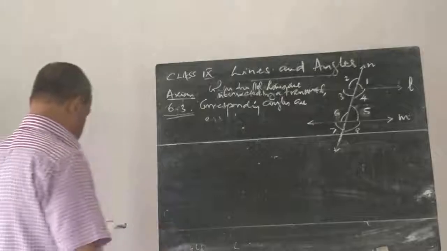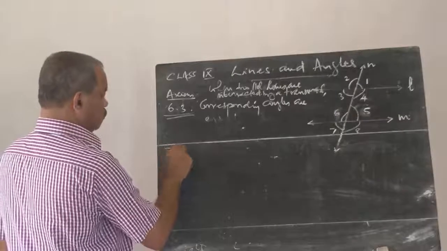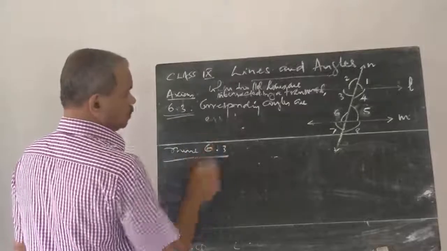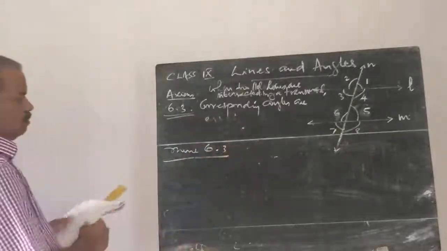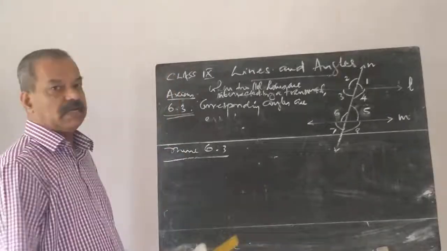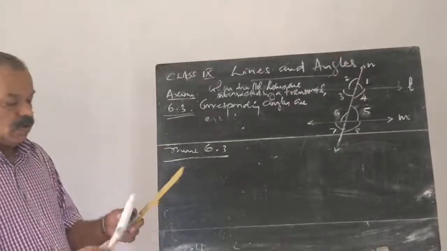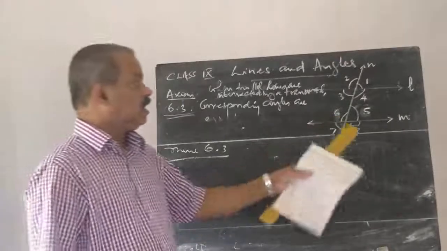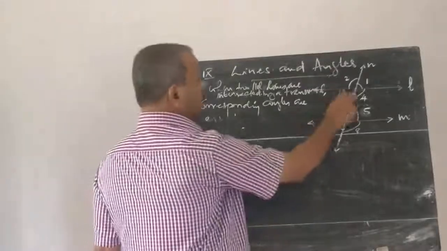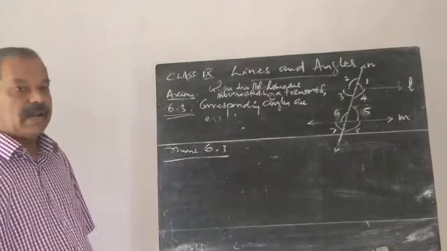Theorem 6.3, the converse. What is theorem 6.2? When parallel lines are intersected by a transversal, the alternate interior angles formed are equal. Converse: if the alternate interior angles are equal, then the lines are parallel.